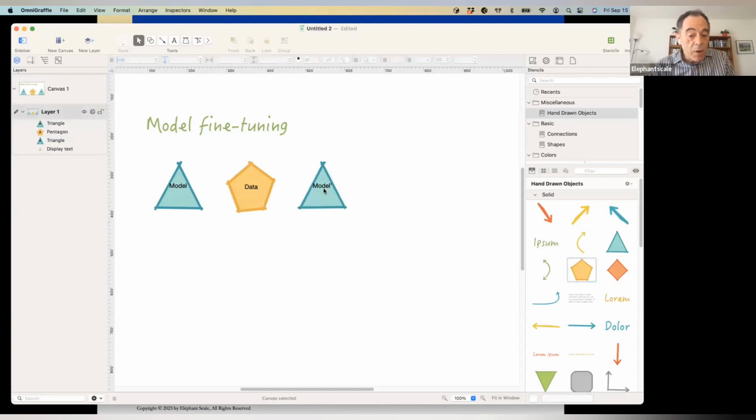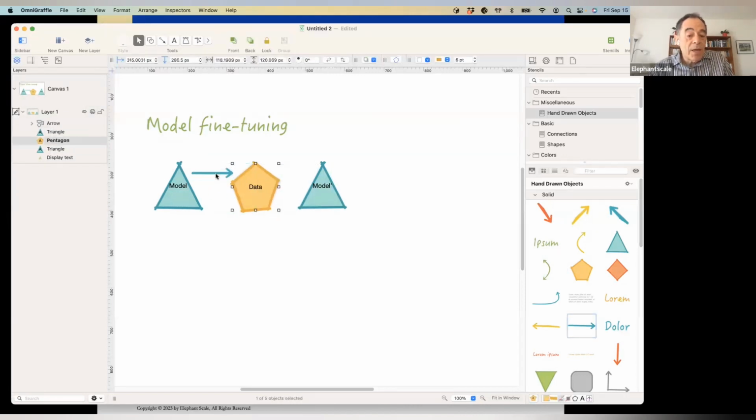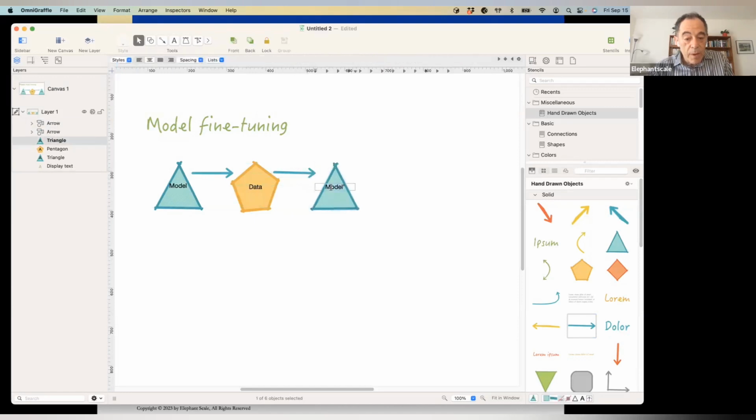And now this model is what you use. So let's put a little arrow. You start with an existing model, you add data, you train it some more, and now this is called a fine-tuned model. It's a model, but it is fine-tuned.